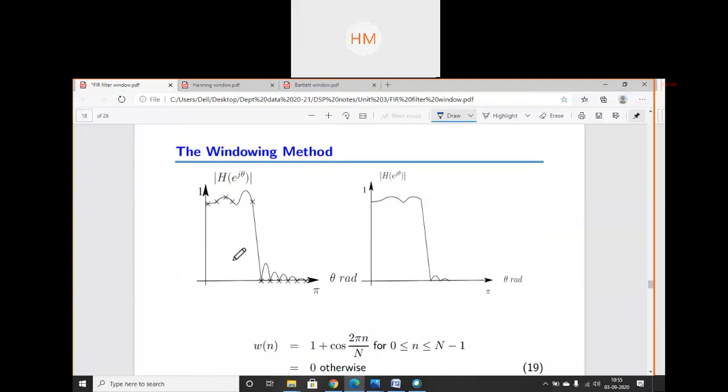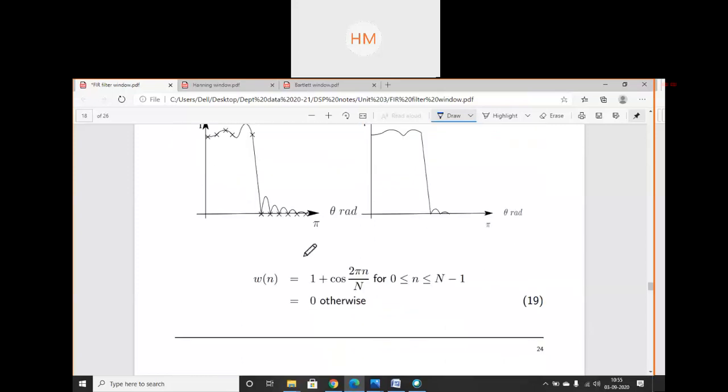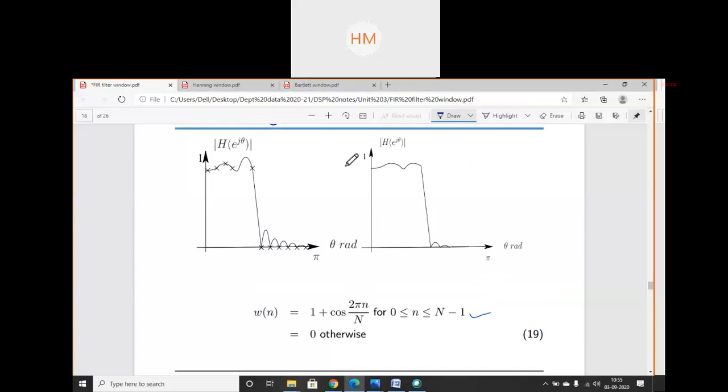So after finding this, I will apply a window technique which will reduce my ripples and overshoots. And that window function has the property w of n is equal to 1 plus cos 2 pi n upon N for this limit, otherwise it's 0. So this is the effect of the windowing method. It's illustrated in the figure.